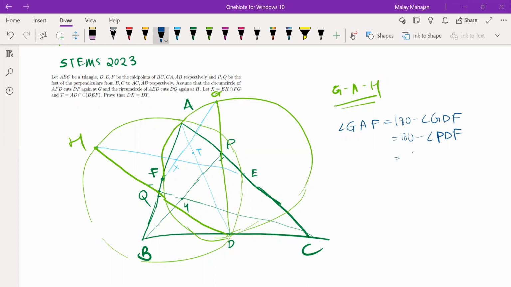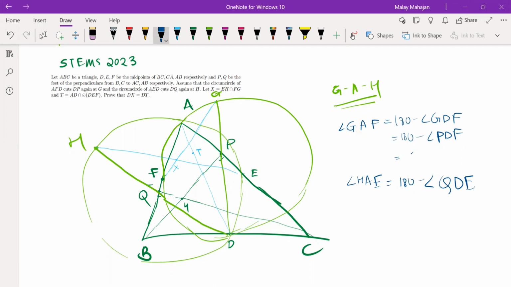And angle HAE should also be equal to 180 minus angle QDE, I guess. Yeah.